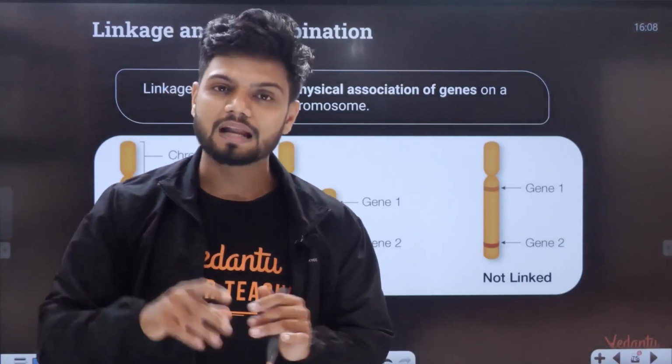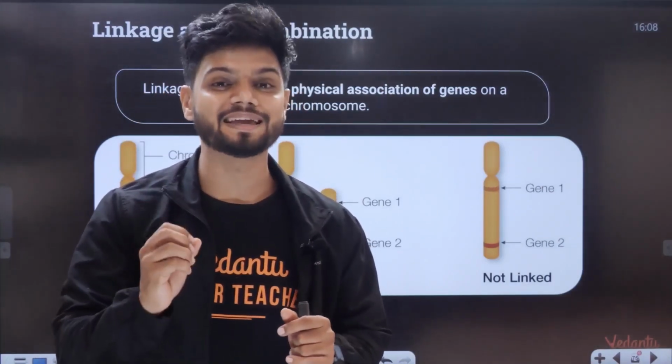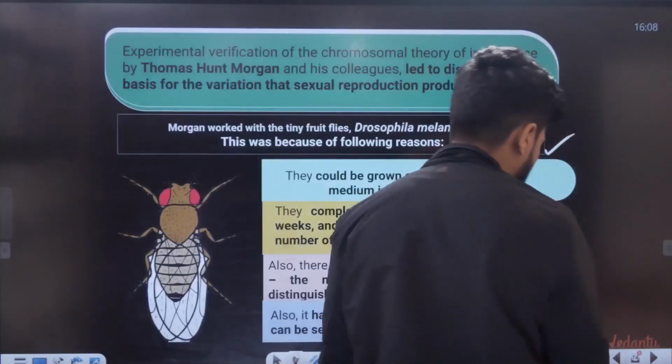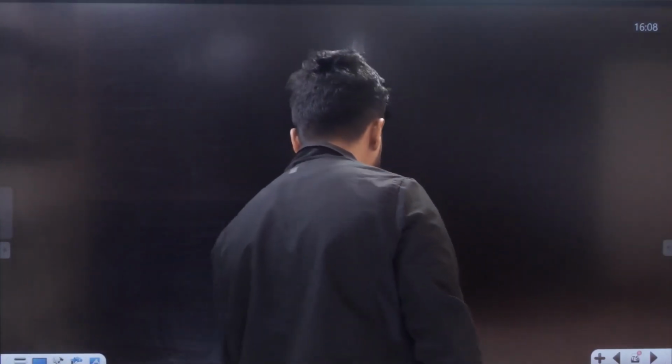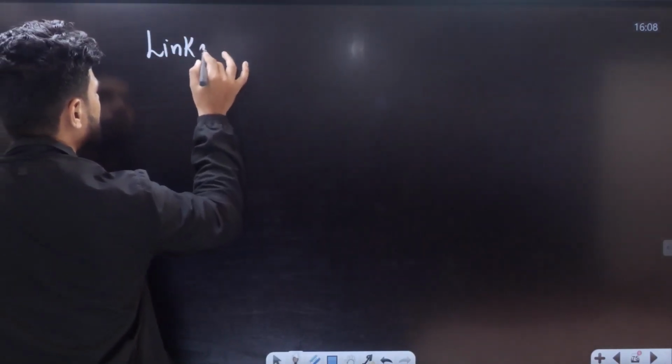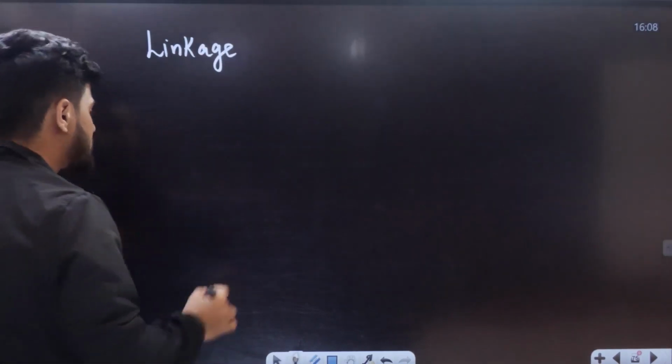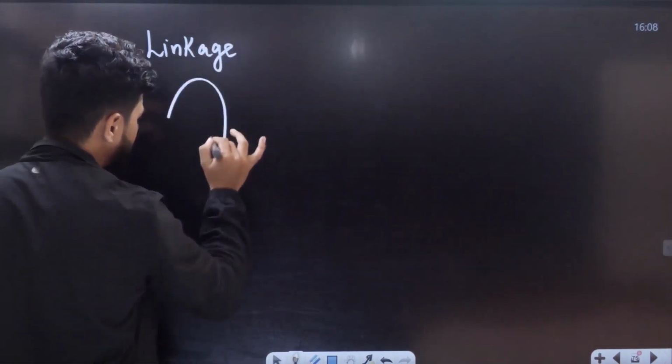Now students, I will teach you something called linkage and recombination. Ready now? Students, ready now all of you? Tell me, ready? Very simple, very easy to understand linkage and recombination. What is linkage? First I'll teach you. For example, let's say I have a friend here.